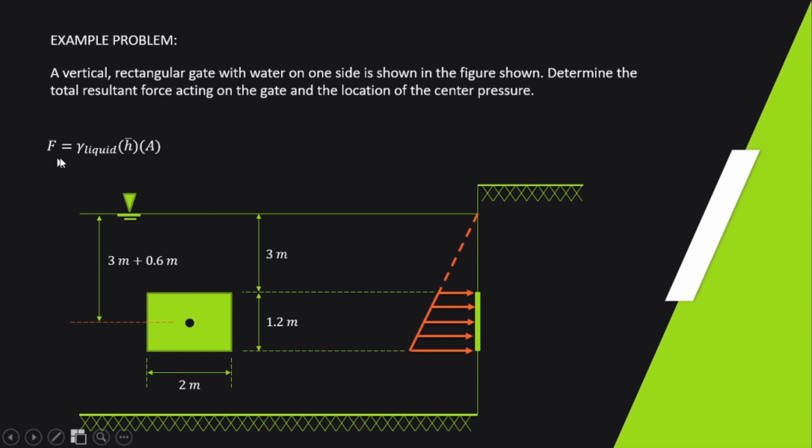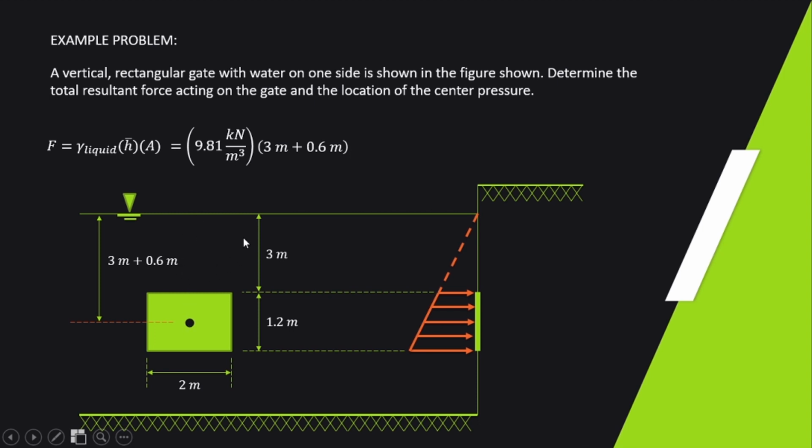So, the force is equal to the unit weight of the liquid times h bar times A. Ang unit weight of the liquid natin, ito ang gagamitin natin is the unit weight of water kasi ang liquid na ginamit dito is water. And that is 9.81 kilonewton per cubic meter. Times ang h bar natin, syempre, dapat ang location of the centroid from the water surface.